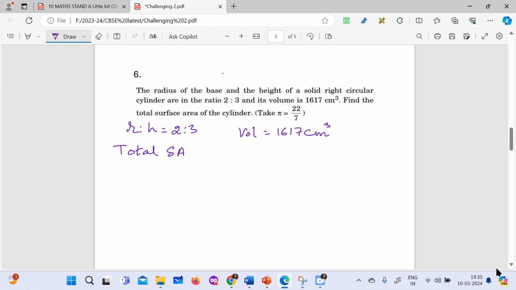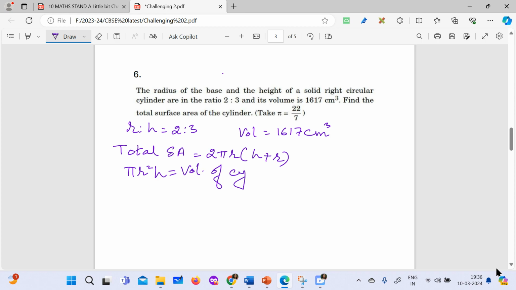So we know that the total surface area of a cylinder is 2 pi r (h plus r), and the volume of a cylinder is pi r square h. So to find the total surface area, we must know the values of R and H, and this is your volume of the cylinder.